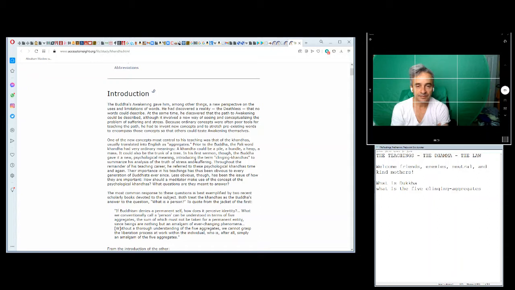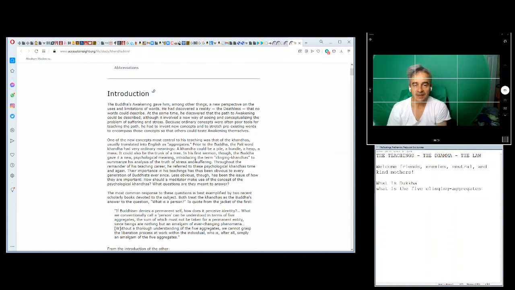At the same time, he discovered that the path to awakening could be described, although it involved a new way of seeing and conceptualizing the problem of suffering and stress. Because ordinary concepts were often poor tools for teaching the path, he had to invent new concepts and to stretch pre-existing words to encompass those concepts, so that others could taste awakening themselves.